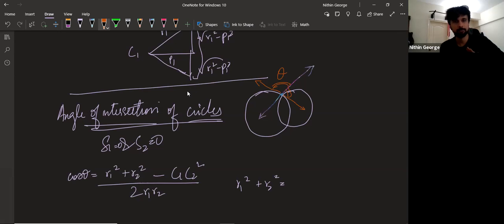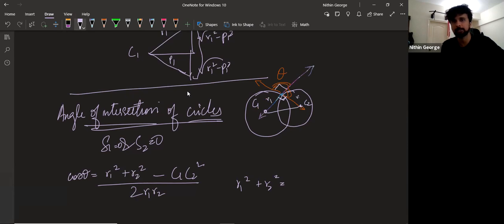So when they intersect at 90 degrees, what happens? This will be the point C1, this will be the point C2. Then this will become 90 degrees, right? If this is 90 degrees, this will also be 90 degrees. You get a right triangle here.